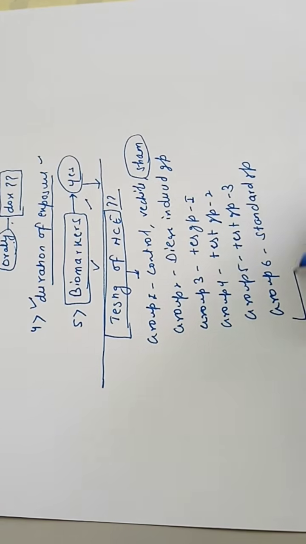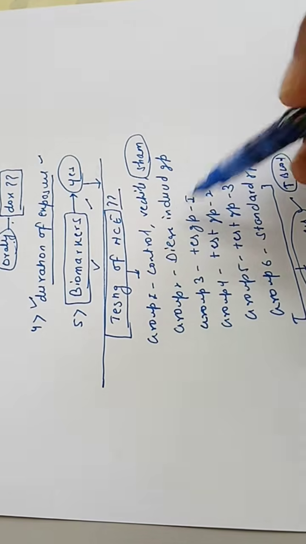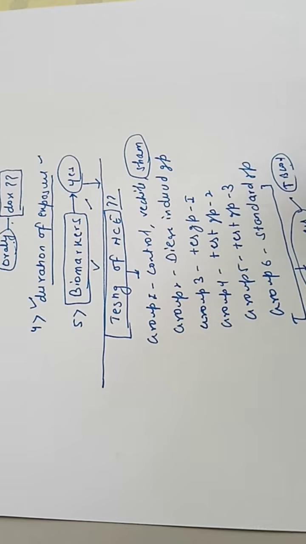And then depending upon your test molecules, you give the treatment, and then you have to test the biomarkers. You have to test the efficacy by measuring the biomarkers of that particular disease, after giving the test drugs. Suppose blood glucose level is increased by giving the injection of streptozotocin, and after giving the test compounds, whether this blood glucose level is decreased or not, and how much it decreased.